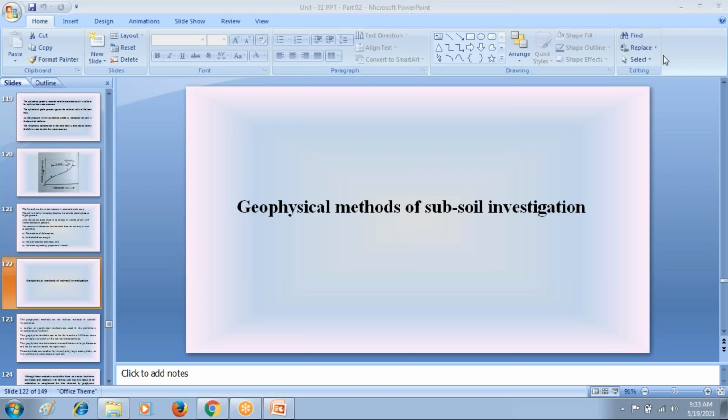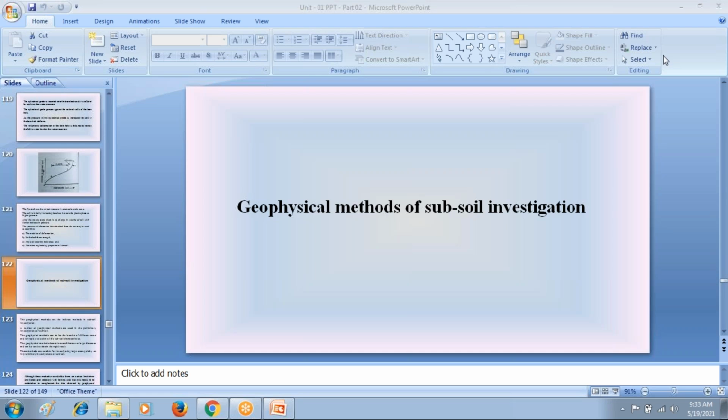So in the indirect method, we are not excavating the test pits and we are not drilling the boreholes to study the soil properties, but we are using some advanced techniques to study the properties of soils below the ground level. That is called the indirect method of subsoil exploration. In that indirect method, the geophysical methods are applied to study the properties of soils below the ground level.